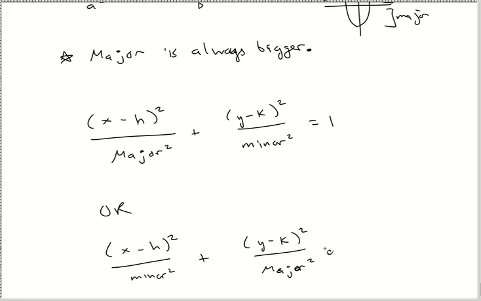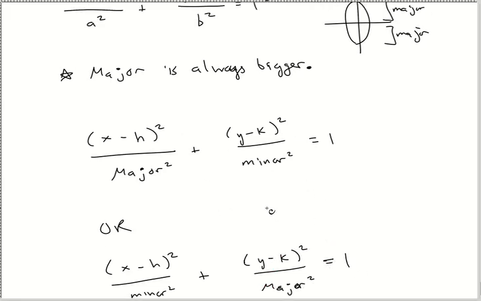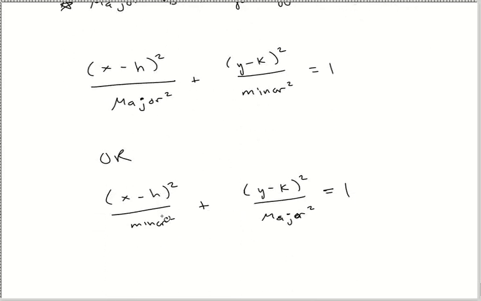The reason why I chose to split it up is because a and b are so ambiguous, but major and minor are actually important to me. They determine what my shape is going to be.